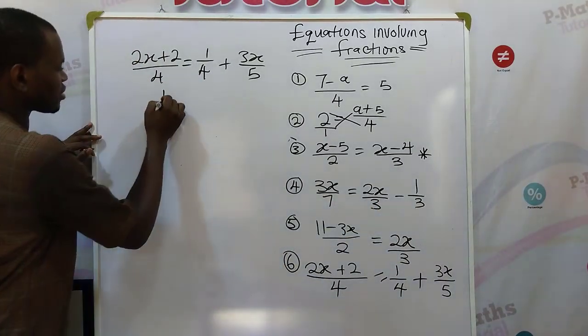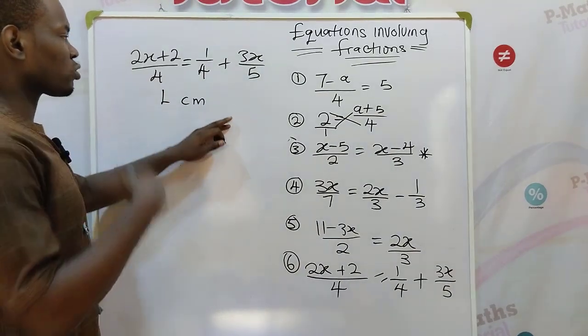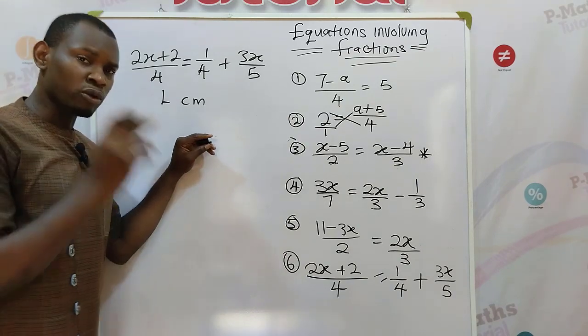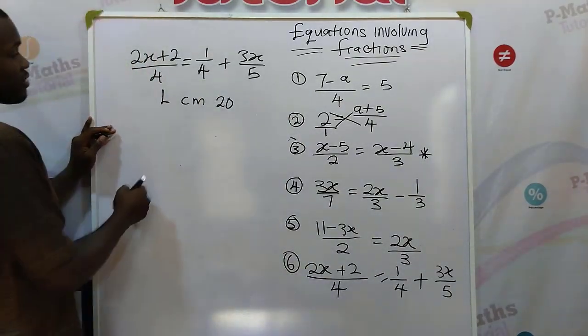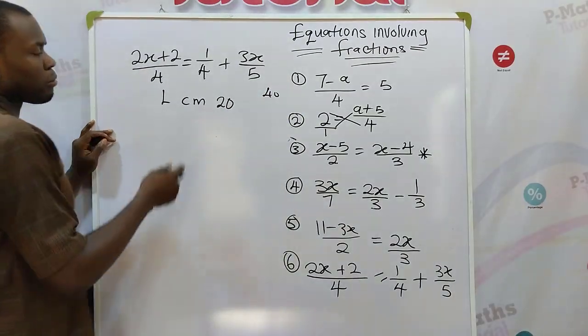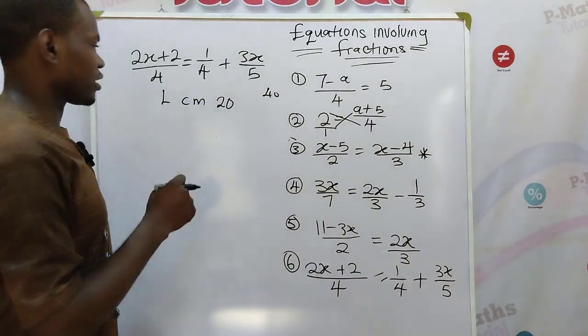We will find the LCM of the denominators, 4, 4, and 5. What number can 5 and 4 divide with no remainder? The smallest number. That should be 20. There are many numbers that 4 and 5 can divide, even 40, even 60. But then we are looking at the smallest number that 4 and 5 can divide.